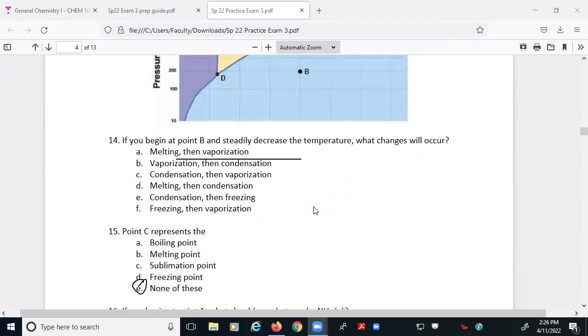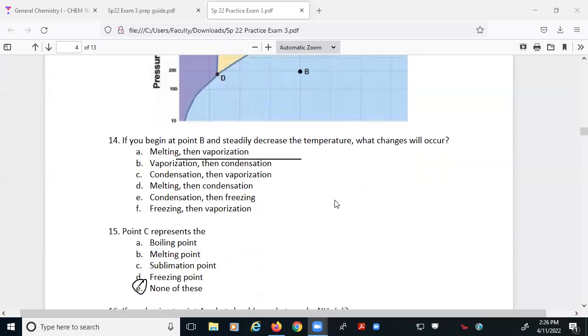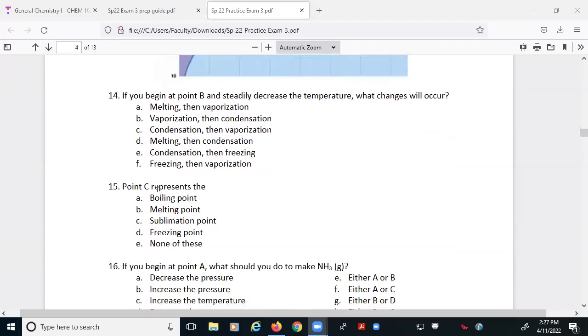For number 15, it's referencing C here. C is the critical point. So if you look at the key that I posted, C could technically represent a boiling point.